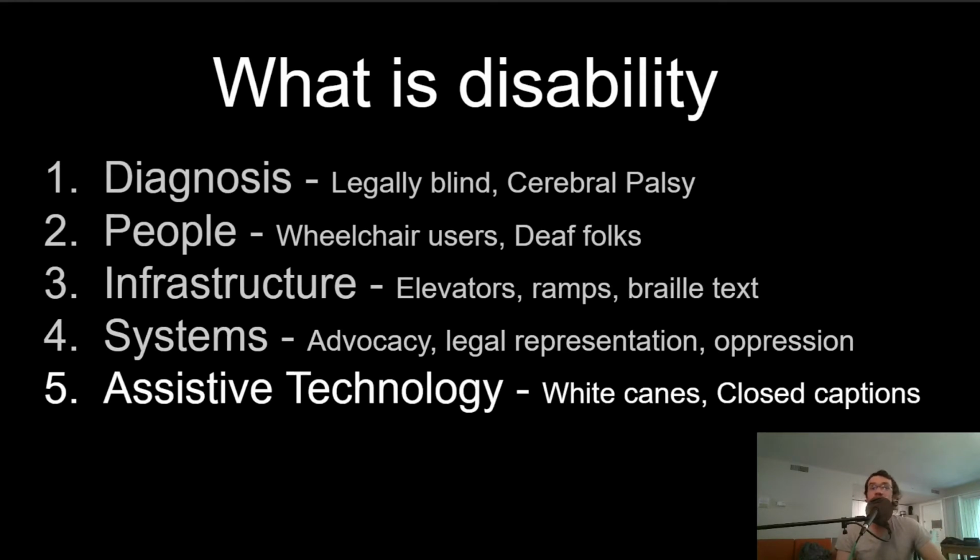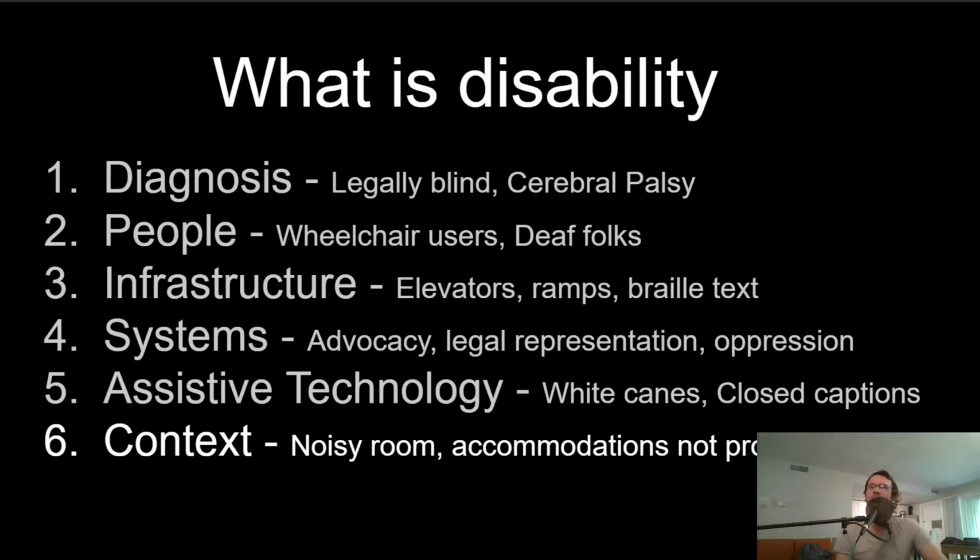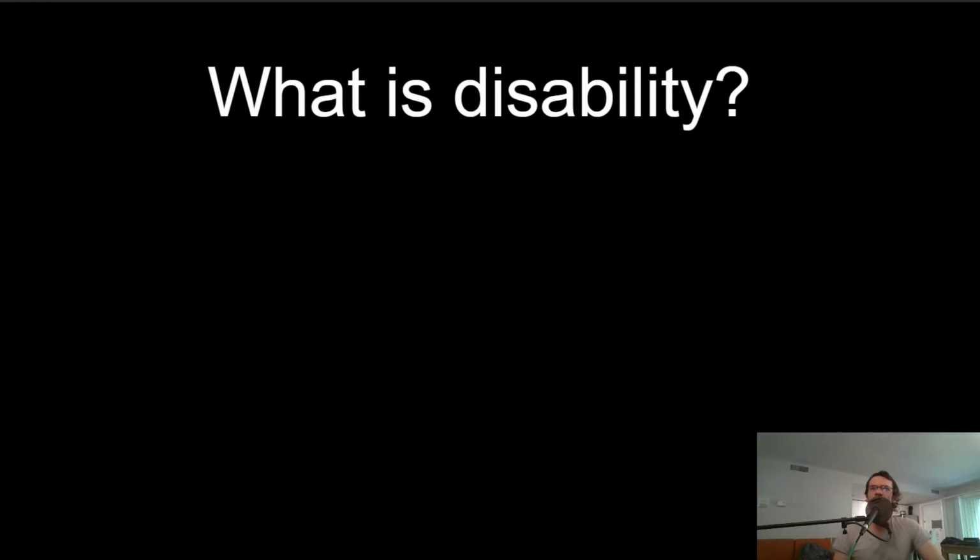Fifth could be assistive technologies, like a specific case of those infrastructures in point 3. These are things such as white canes, closed captions, etc. The sixth could be context, which is something like a noisy room or accommodations not being provided for a person, things like that.